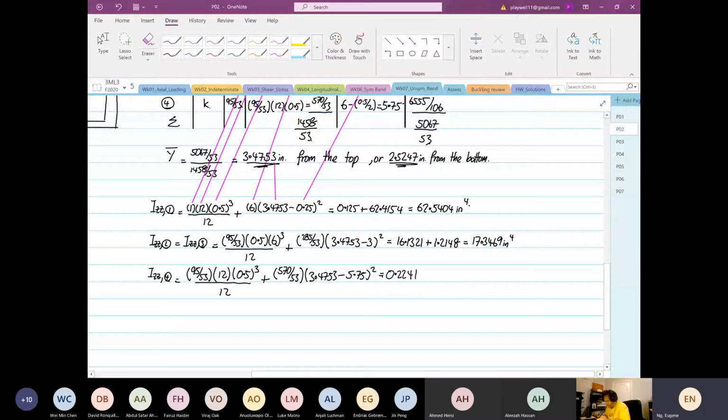Let me do it again. 95 over 53 times 12 power 3 divided by 12 equals 0.2241, plus 570 over 53 multiplied by (3.4753 minus 5.75) squared. So it's 55.6477.